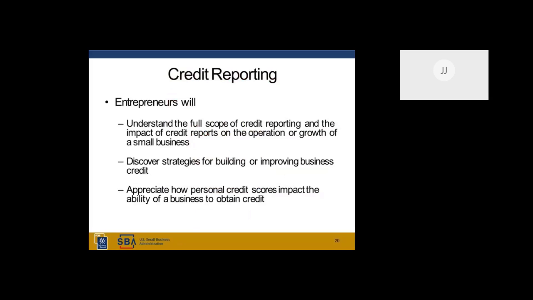It identifies credit reports and other systems used to assess the risk of extending credit to entrepreneurs and small business owners. At the end of the module, the goal is to have the entrepreneur understand the full scope of credit reporting and the impact of credit reports on the operation or growth of a small business, discover strategies for building or improving business credit, and appreciate how personal credit scores impact the ability of a business to get credit.